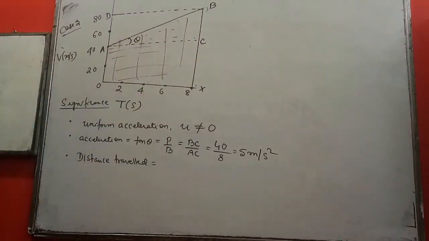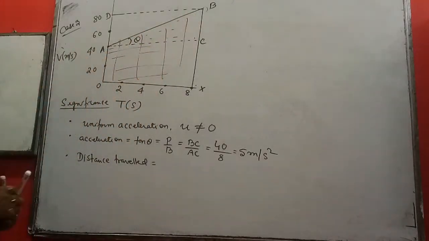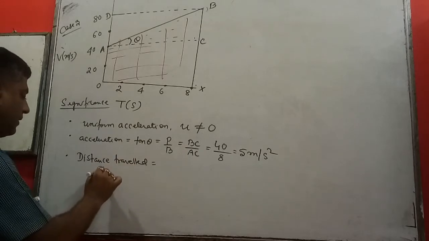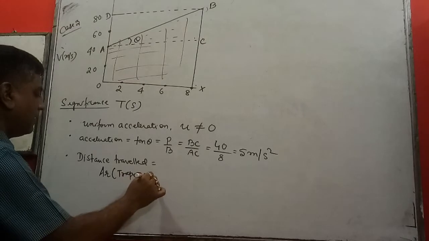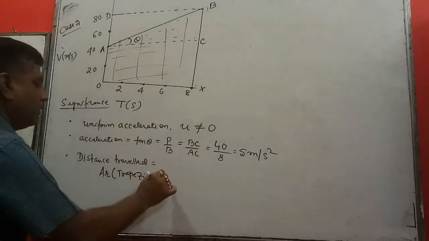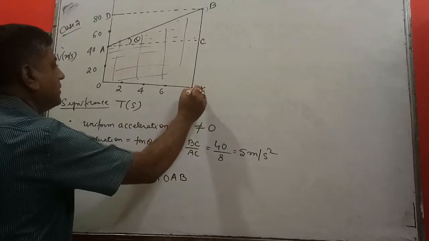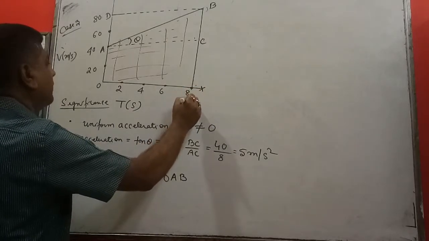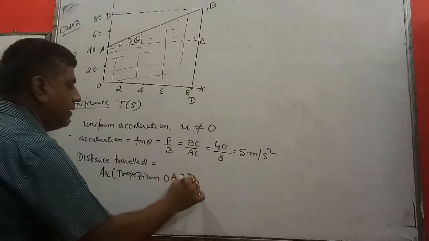Or simply, this figure is a trapezium. So as a shortcut you can say distance travelled equals the area of the trapezium OAB. Say this is X, this point is say D. So OABD.